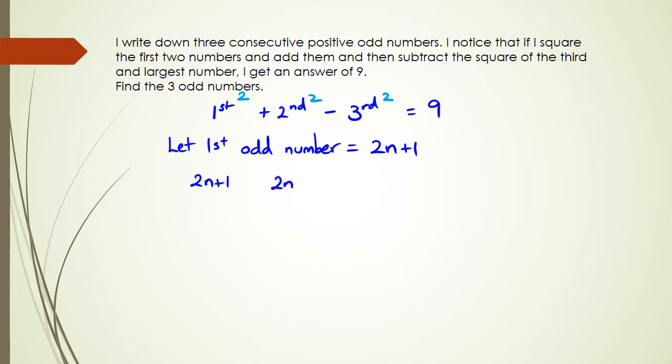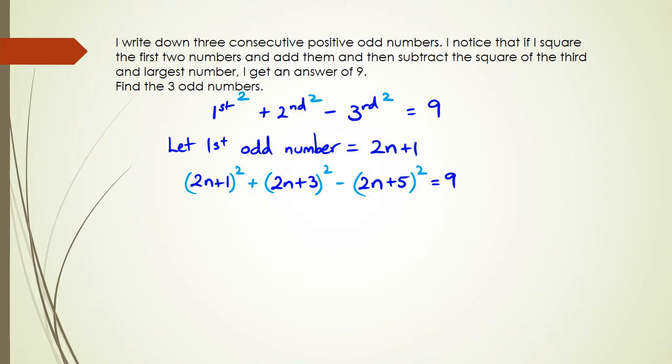Then the second odd number is 2n plus 3, and the third odd number is 2n plus 5. The first number squared, plus the second number squared, minus the third number squared is going to equal 9. So I've set up this equation.